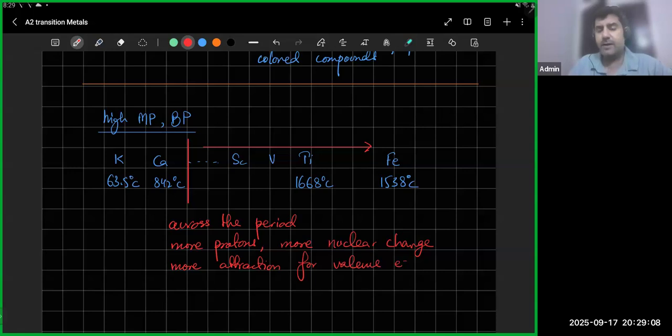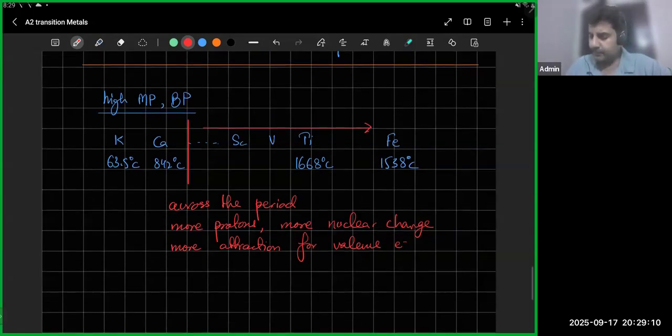So there's going to be more attraction for valence electrons, which is why the atomic radius decreases.